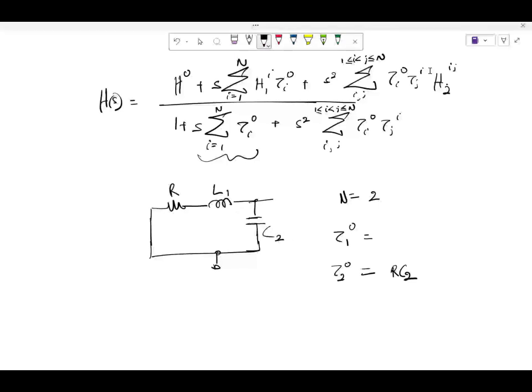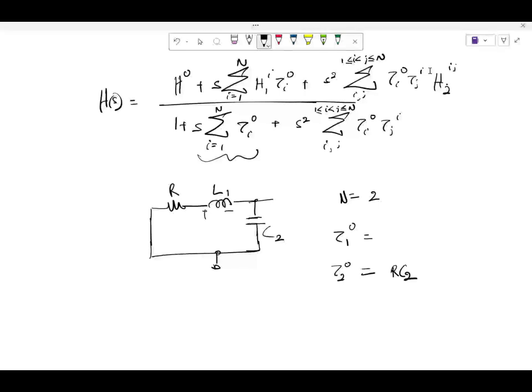Again, the same thing. We are dealing with L when everything else is 0 valued. C2 is open circuited. So what will be tau 1,0? Now note that for an inductor, your time constant is L over R, right? So what is the effective R across the inductor?